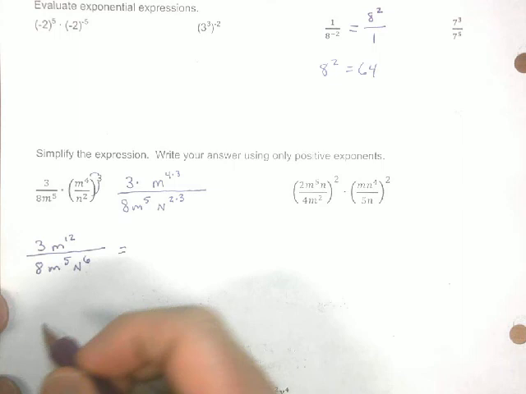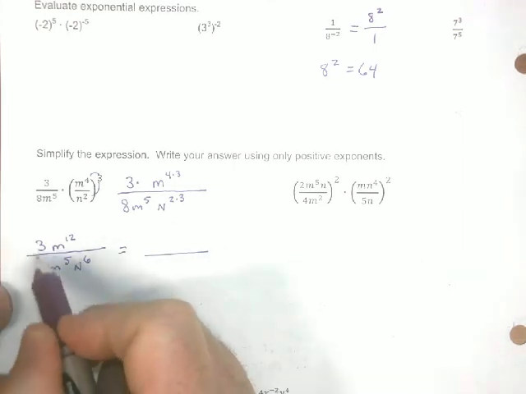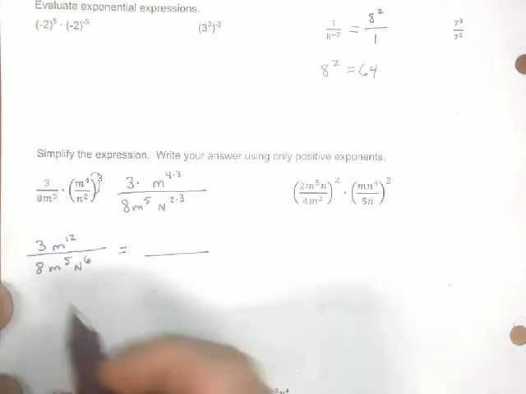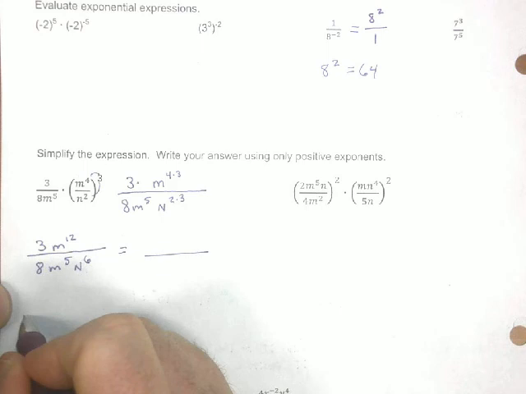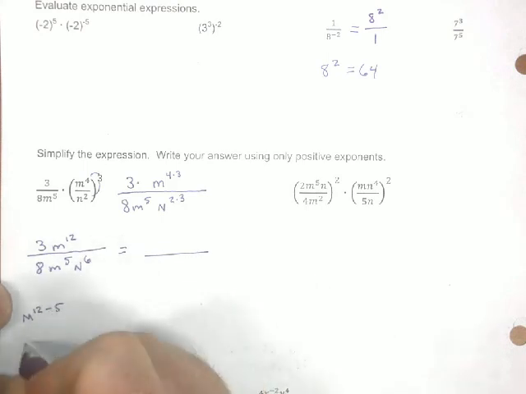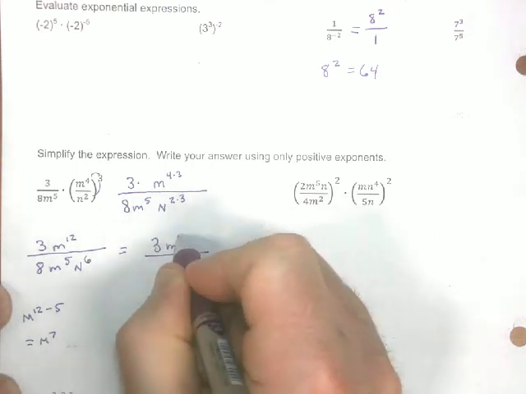I still have m's in here, so I need to go one step further. And you might actually do your work on the side so you can clean it up here. My fractions, I can't do anything with 3 and 8. They don't reduce any further. If they did reduce, we'd want to make sure that we do reduce those further. But I'll just do my work for the m's on the side here. M to the 12th minus 5 is the rule, so that's going to come out to m to the 7th there.